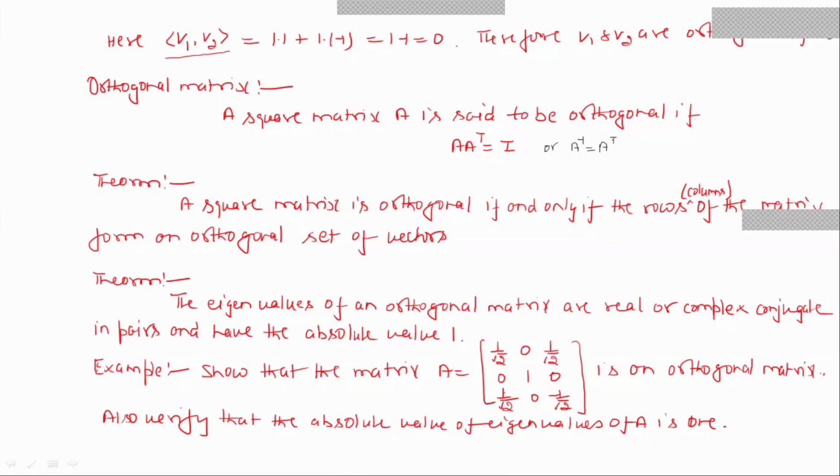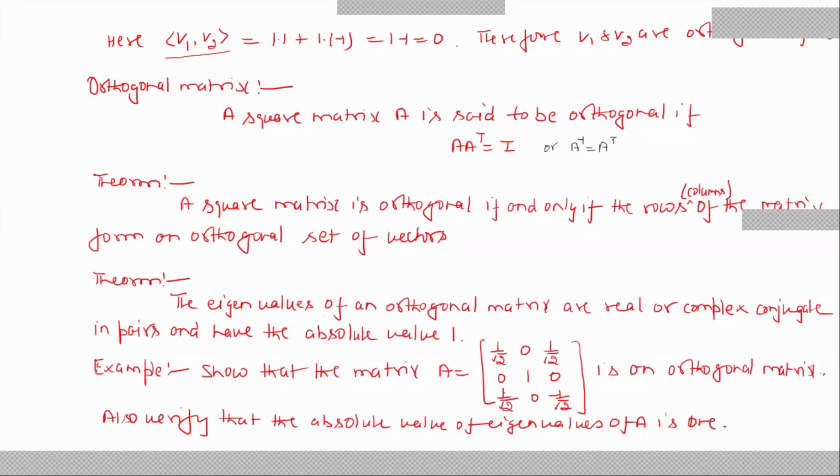Then your matrix A is an orthogonal matrix. Got it? So these are the types of real matrices. A real square matrix A is said to be orthogonal if A A transpose is equal to identity, which means A inverse is equal to A transpose.